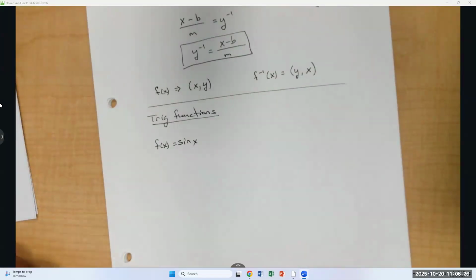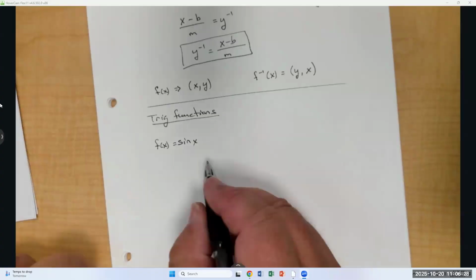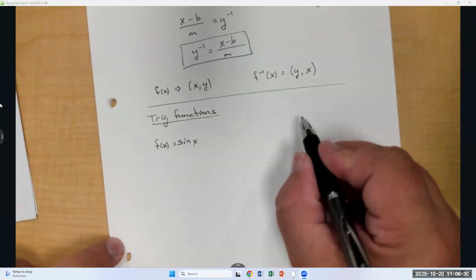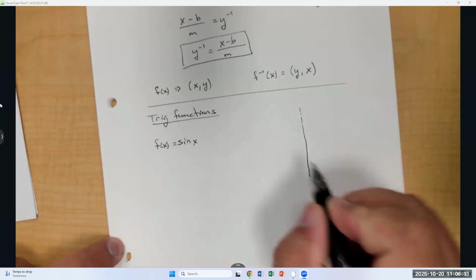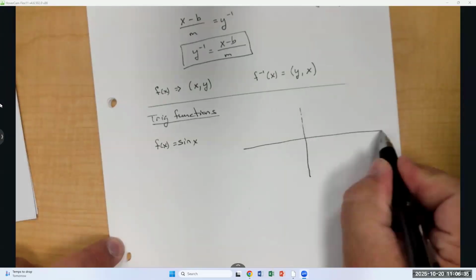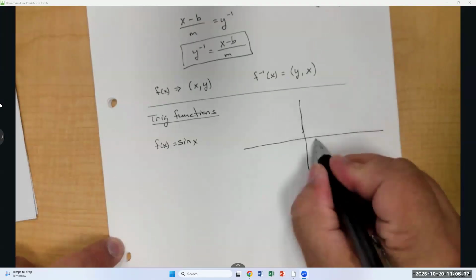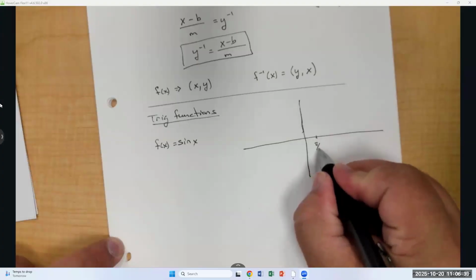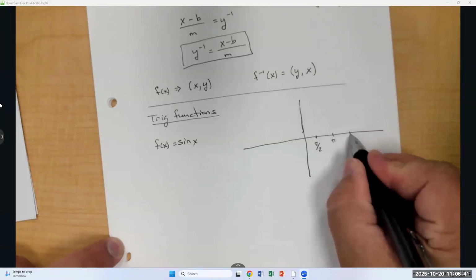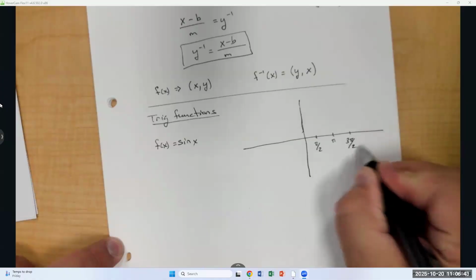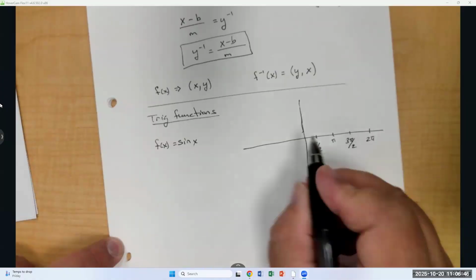So find the inverse of sine. It helps if we first draw the function of sine. Pi over 2, pi, 3 pi over 2, 2 pi.